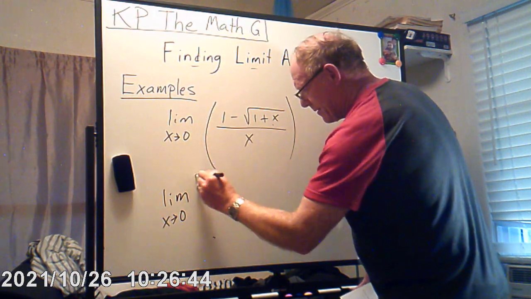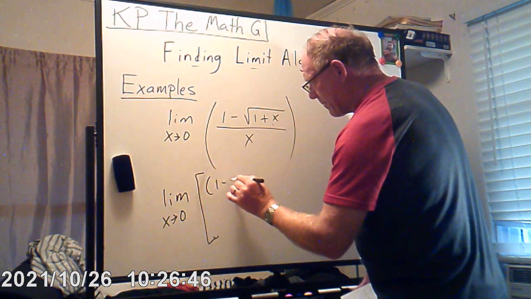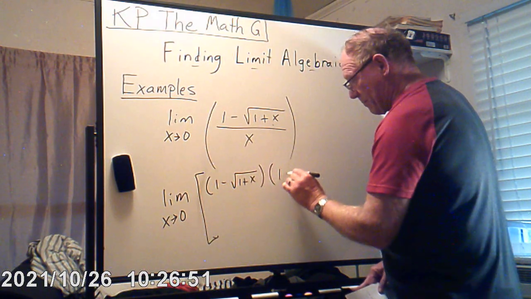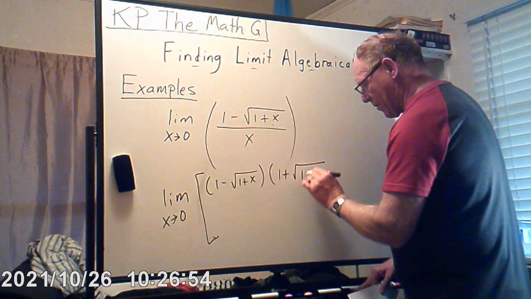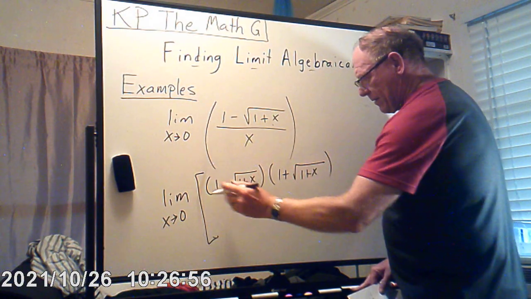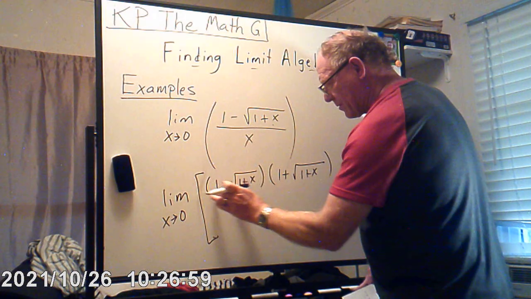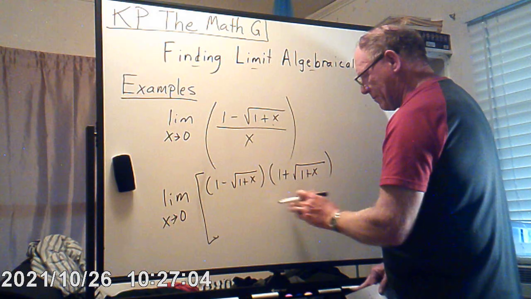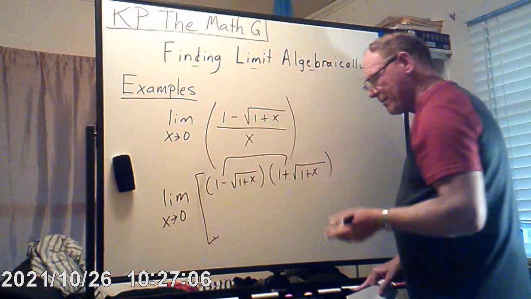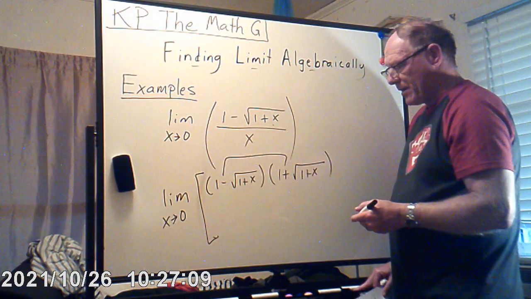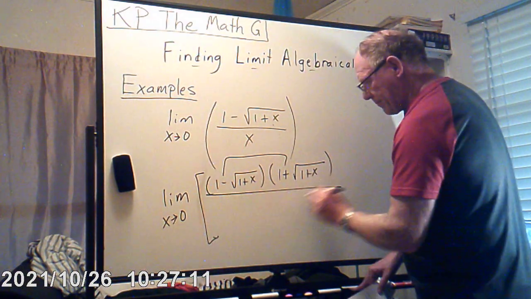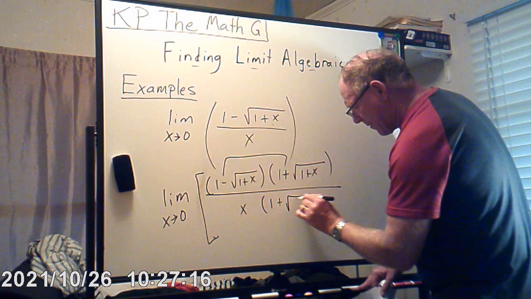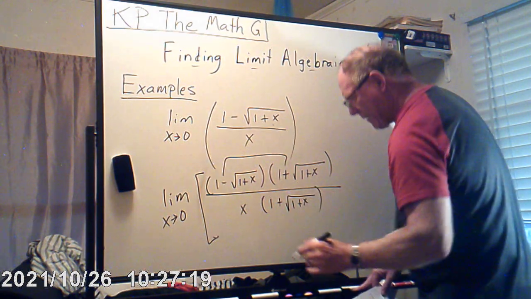Now 1 minus the square root of 1 plus x, and then 1 plus the square root of 1 plus x. You're doing the exact same two terms, 1 and the square root of 1 plus x, but changing the sign from minus to plus. And of course, if you do that here, you have to do it down here as well to make things equal. And there you go.